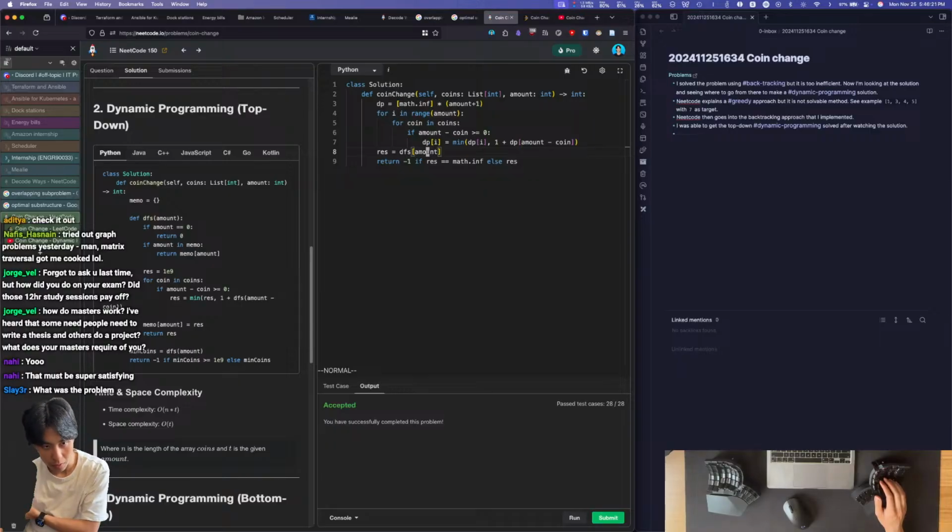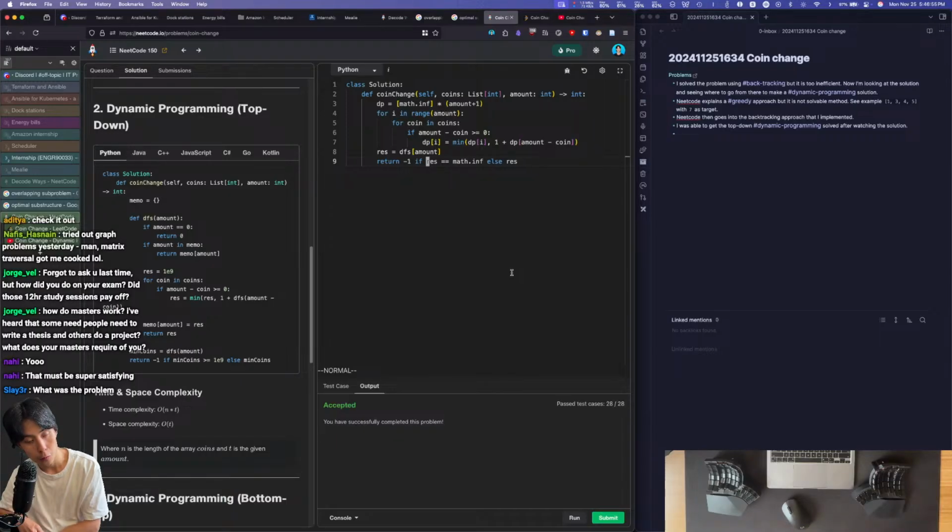What was the problem? This problem is called coin change. So let me try and think about this. So if you have the DP initialized to math negative infinity, infinity means that there is no way you've reached each of the amounts.